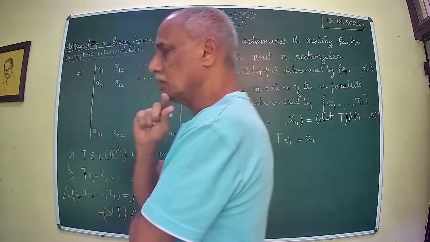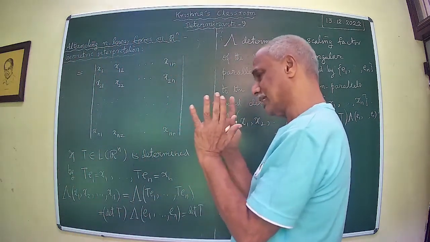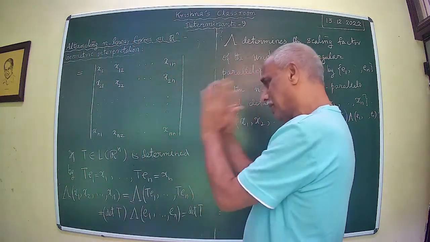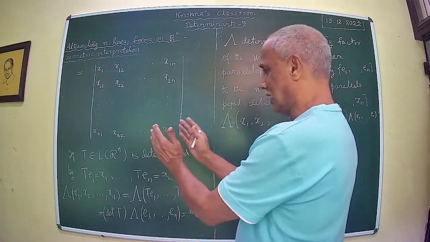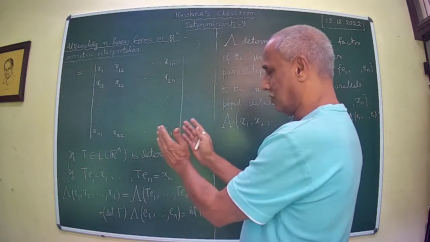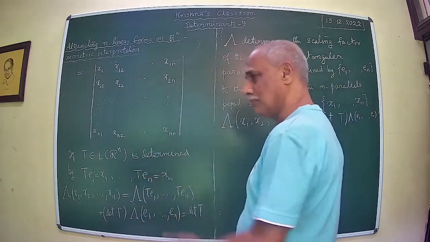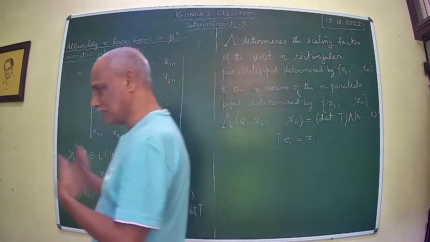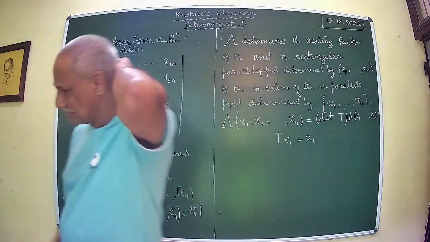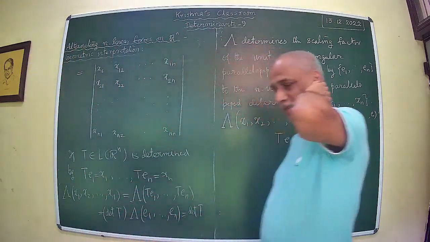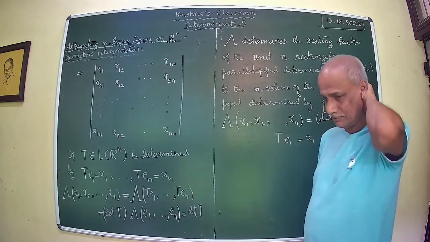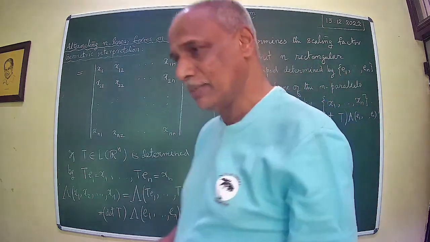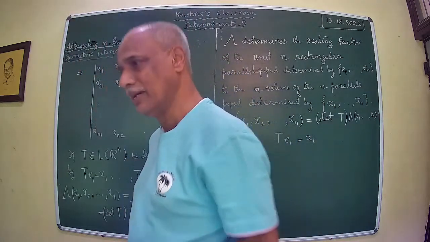So the scaling factor is completely determined by the basis, what you call the alternating n-linear form lambda. This is the interpretation that you give for this basis vector.